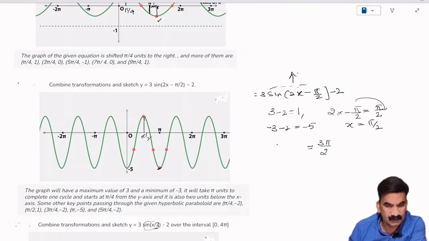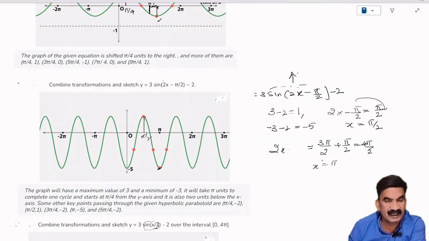That should be equal to 2x minus pi by 2. So I can take this here, this will be pi by 2, and I will have 4 pi by 2, so 2x is 2 pi. So the answer will be, at x equal to pi, the graph will have a negative value of minus 5, which you can see here.